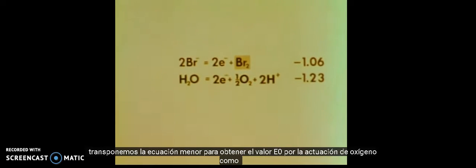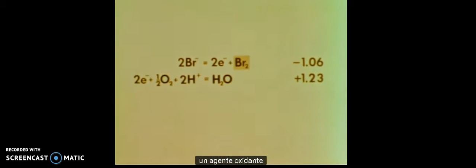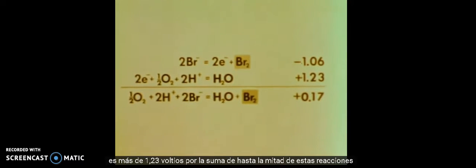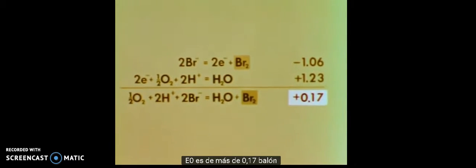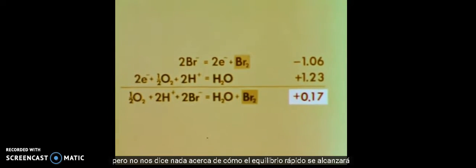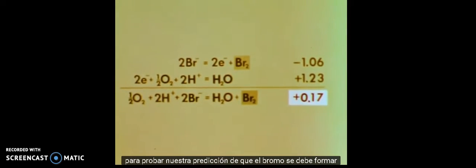We transposed the lower equation to obtain the E0 value for oxygen acting as an oxidizing agent. It is plus 1.23 volts. For the sum of these half reactions, E0 is plus 0.17 volts. The positive value indicates the reaction should occur, but tells us nothing about how fast equilibrium will be reached.